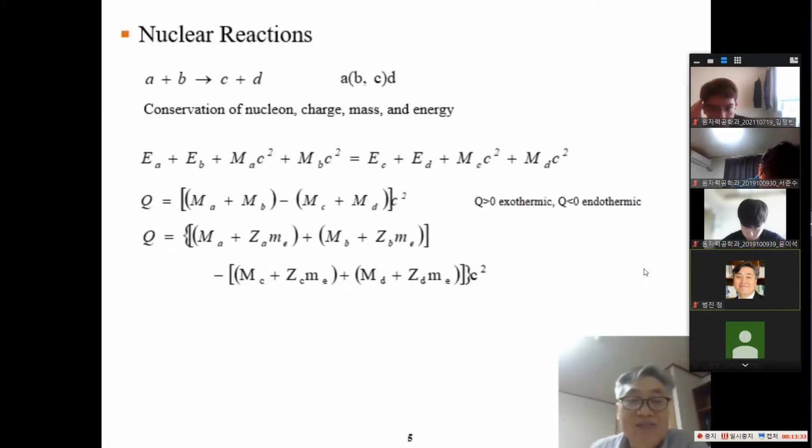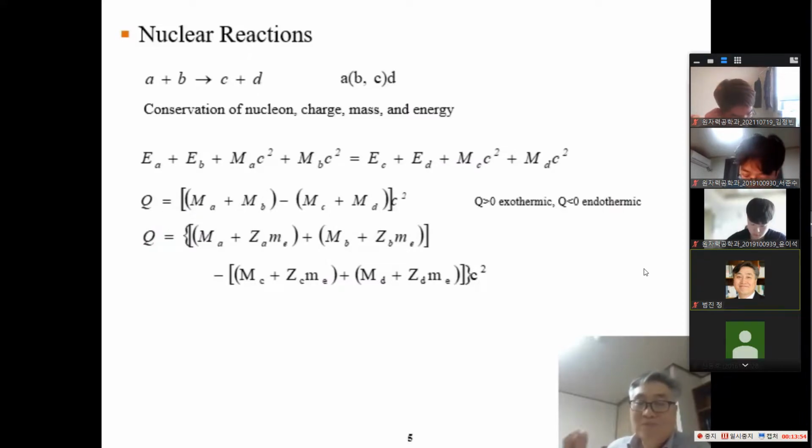Now, this is nuclear reaction, 핵반응, nuclear reaction. This is a kind of notation. A plus B becomes C plus D. A means projectile. B means target.